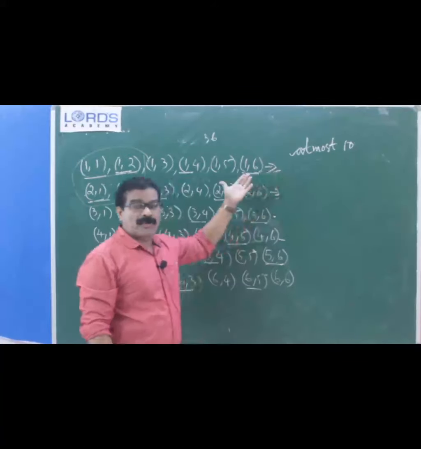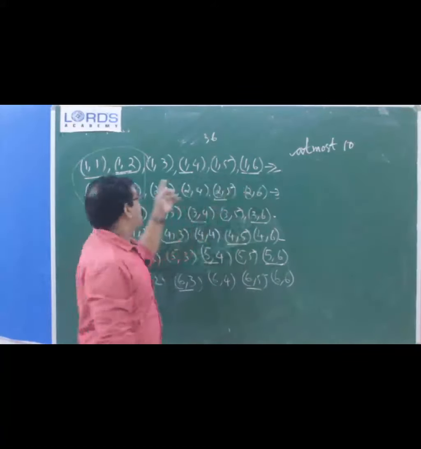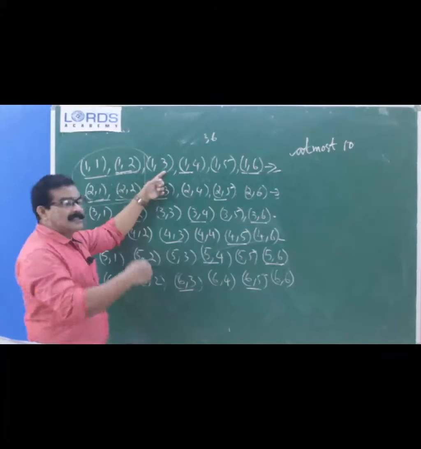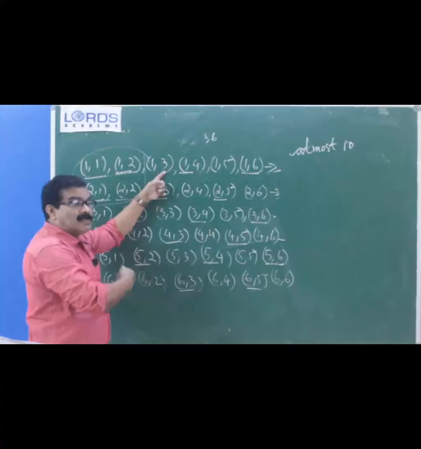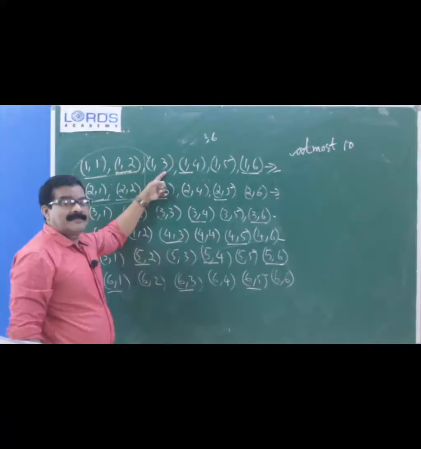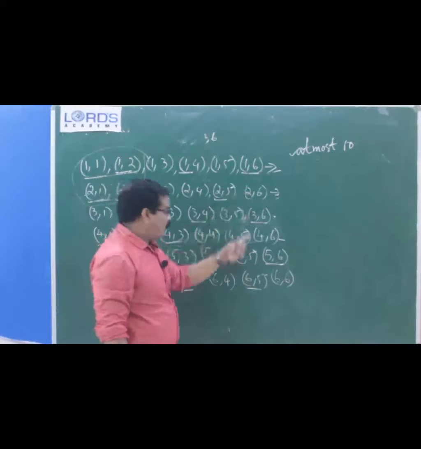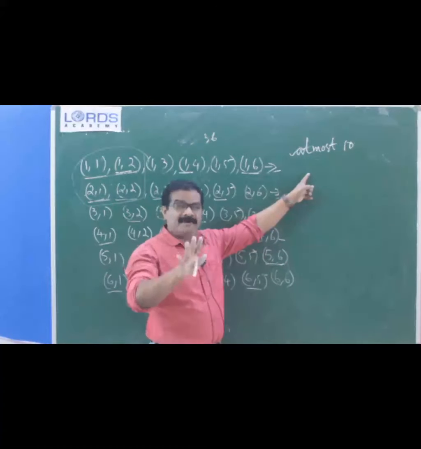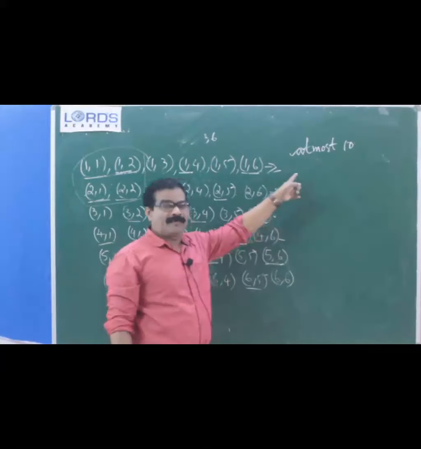The other sums you can also consider: 1 plus 1, 1 plus 2, 1 plus 3. All these sums you can consider, and the maximum sum should be only 10. That is the meaning of that.